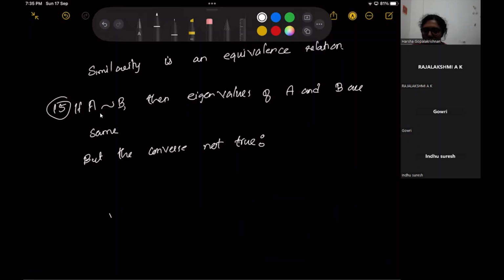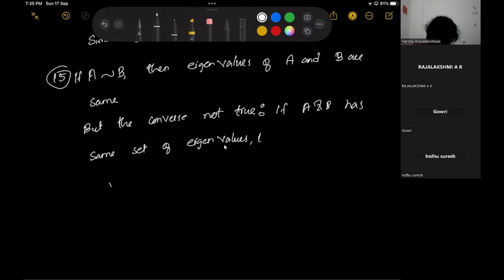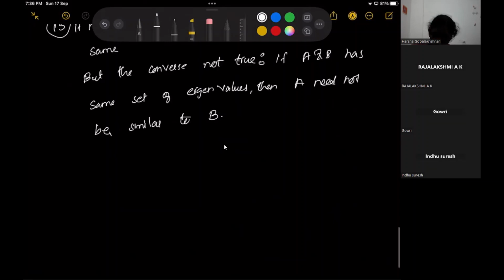The converse says that if the eigenvalues of A and B are the same, then A need not be similar to B. That means if A and B have the same set of eigenvalues, then A need not be similar to B. Okay, so this is the next result.